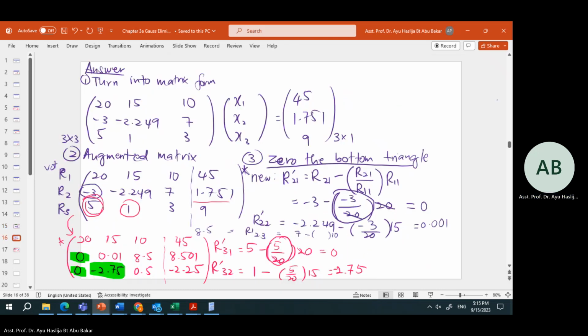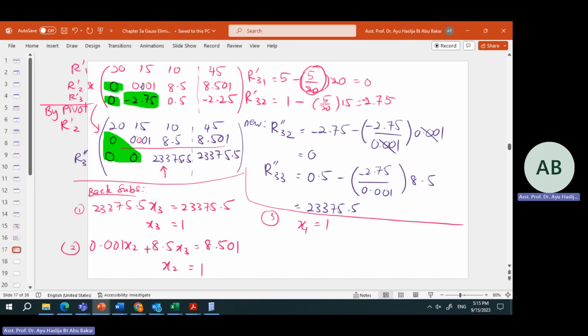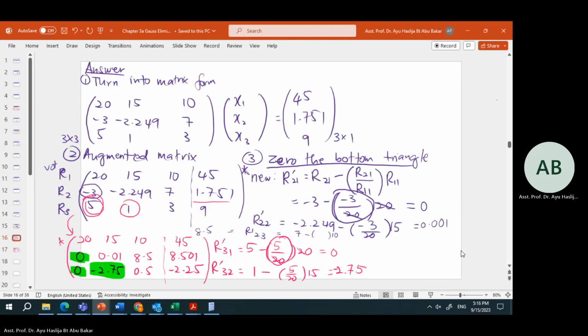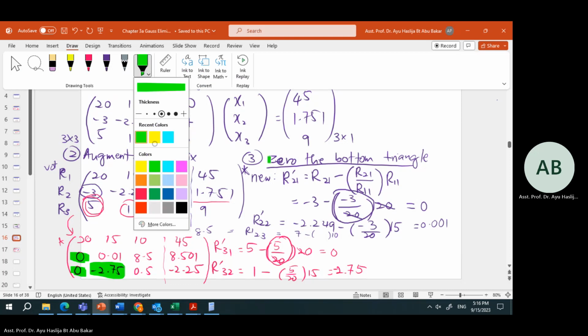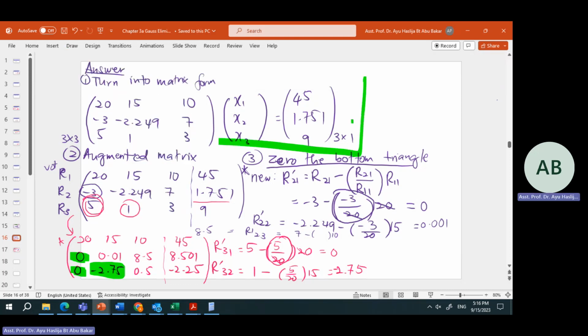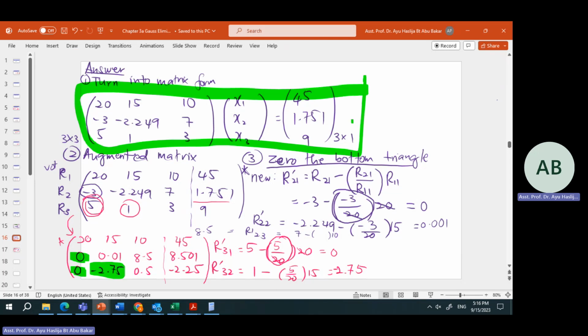Okay, so let me share with you how to use the calculator. We will use this equation, this matrix, to set up in the calculator.